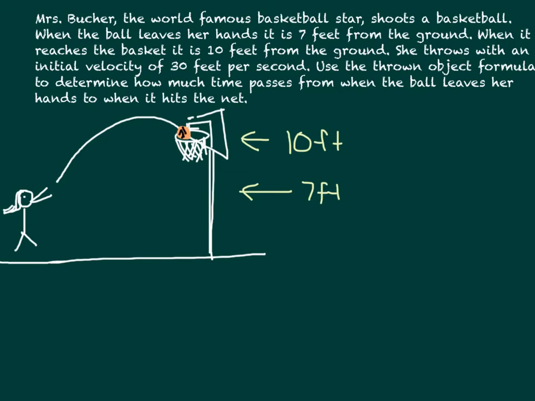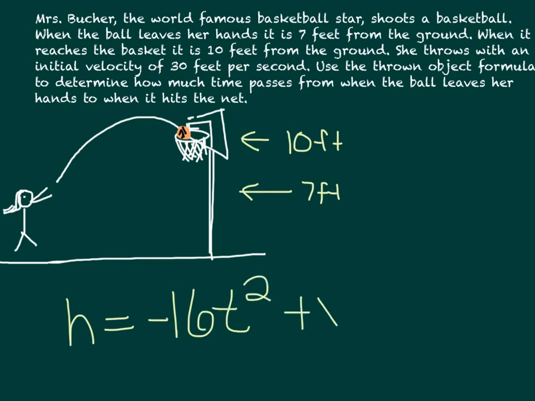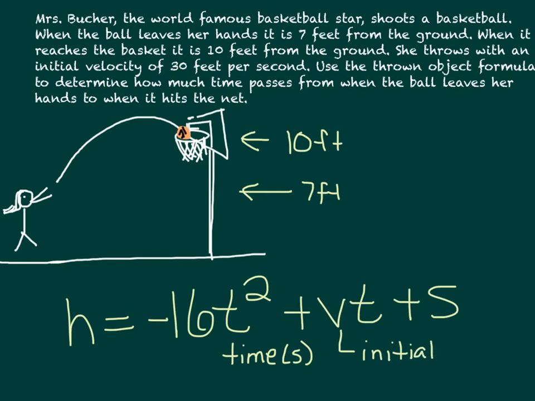And obviously I didn't draw my horrifically awful stick figure drawing to scale, but you'll get over it. Alright, so now we're going to take these values and plug them into the thrown object formula, which I haven't given to you yet, but that is going to be h equals negative 16t squared plus vt plus s. And t is your time in seconds, and v is your initial velocity, and s is your starting height.